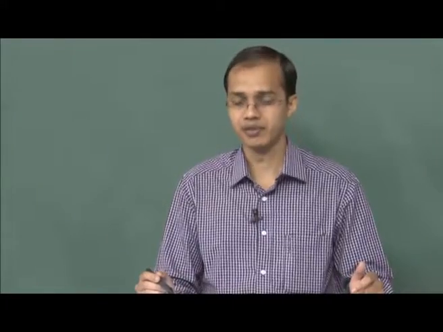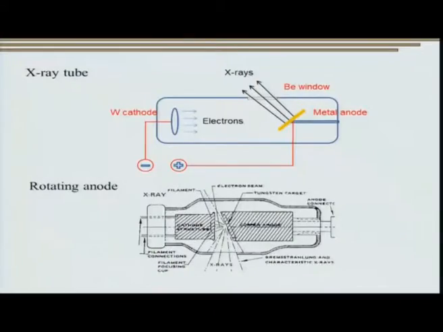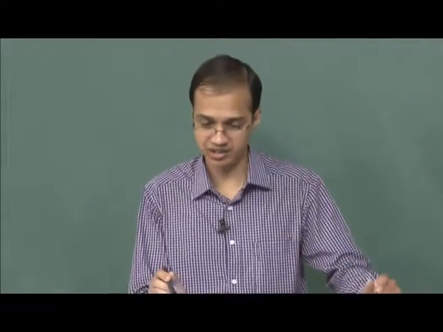So, an X-ray tube essentially comprises electrons which are accelerated towards a metal anode. All of us know that electrons which are emitted because of thermionic emission travel and hit the metal target and produce X-rays. I am not going to go into the details of X-ray generation, but I will touch upon it in a later slide.